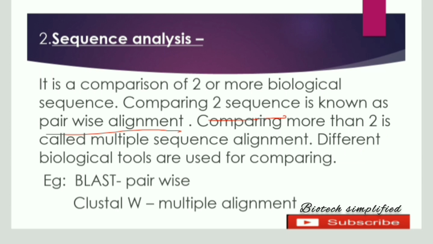And if the comparison is between more than two sequences, it is known as multiple sequence alignment. Example of pairwise alignment is BLAST, and example of multiple alignment is CLUSTAL W. So this is another application of bioinformatics.